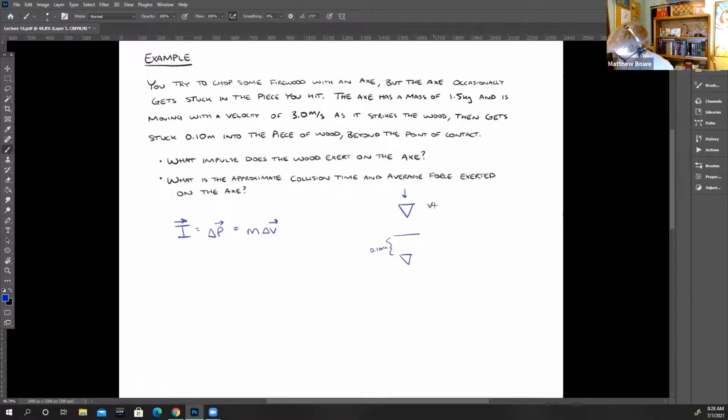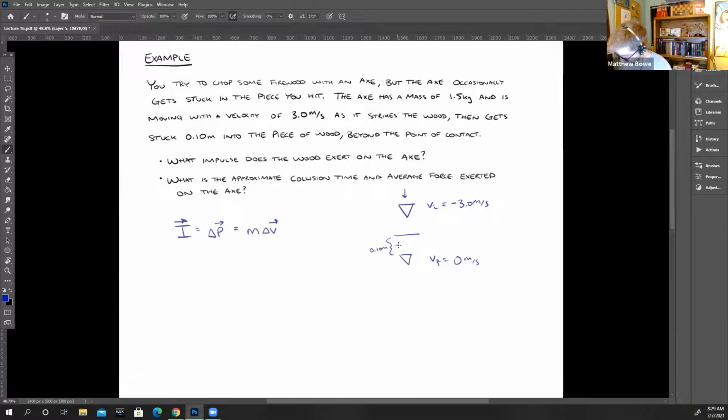Its initial velocity, since it's traveling down, I'm just going to call negative 3.0 meters per second. And its final velocity is 0, since it's getting stuck, or stopping completely within this very short period of time.